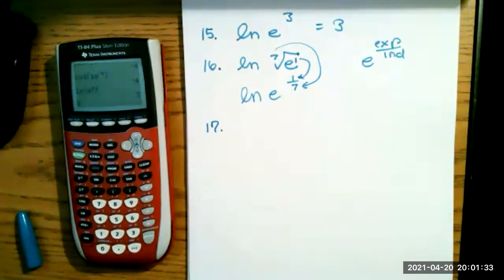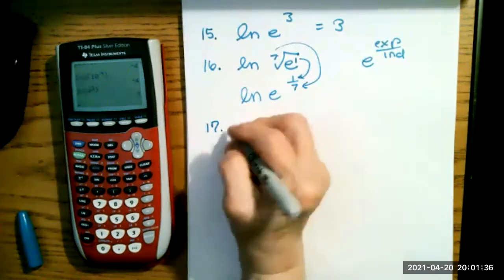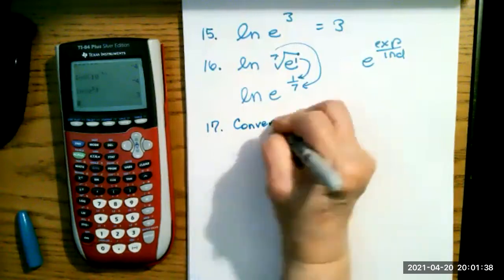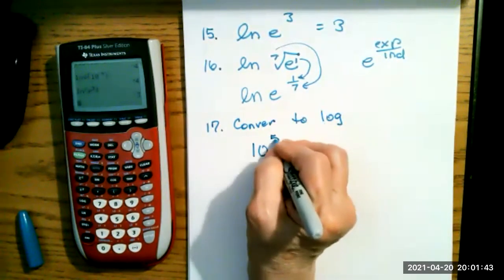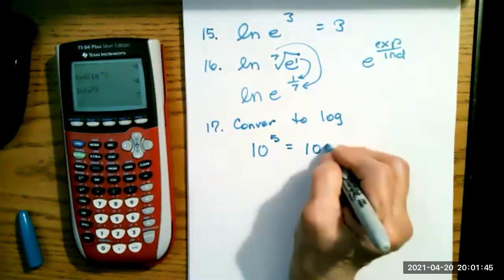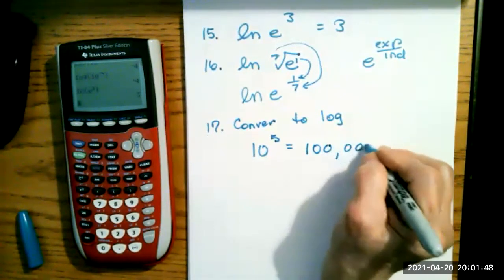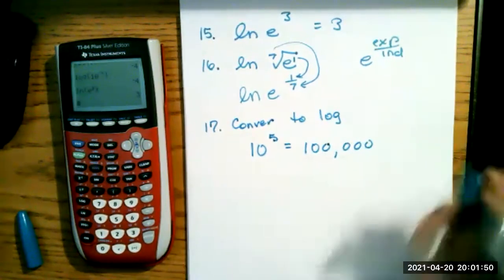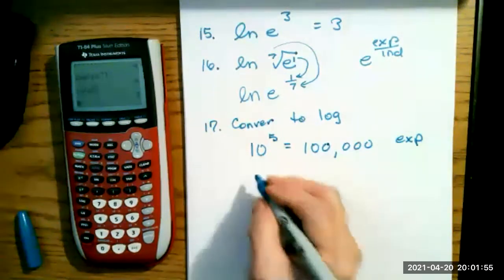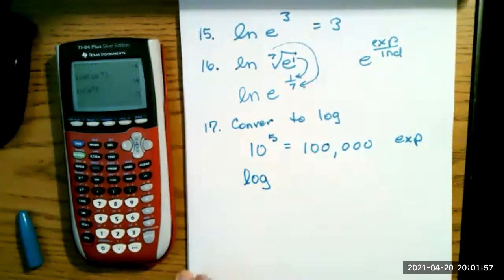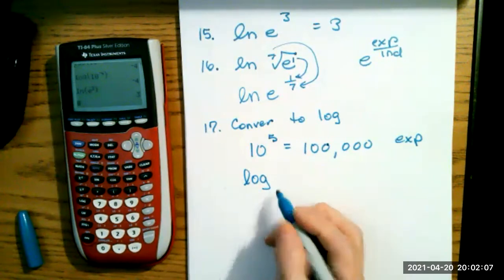Okay, number 17, we're going to convert to log. And we get 10 to the 5th equals 100,000. That's true, but that's in exponential form. We want to move it to log form, which means we've got to put a log here. So we've got to know what the base is. What is our base? That's going to become this little number.